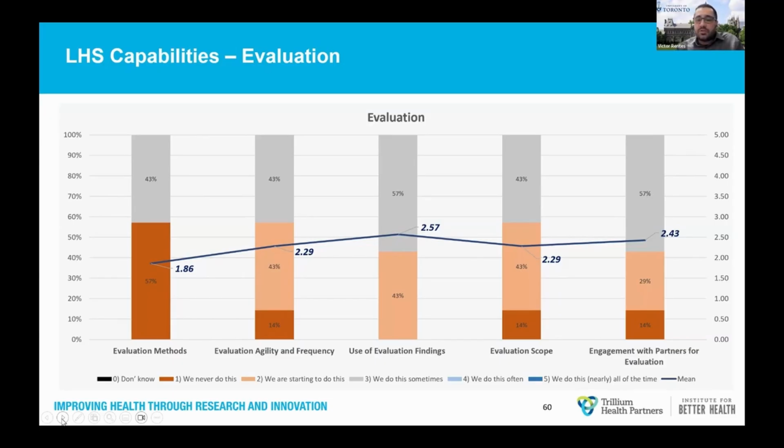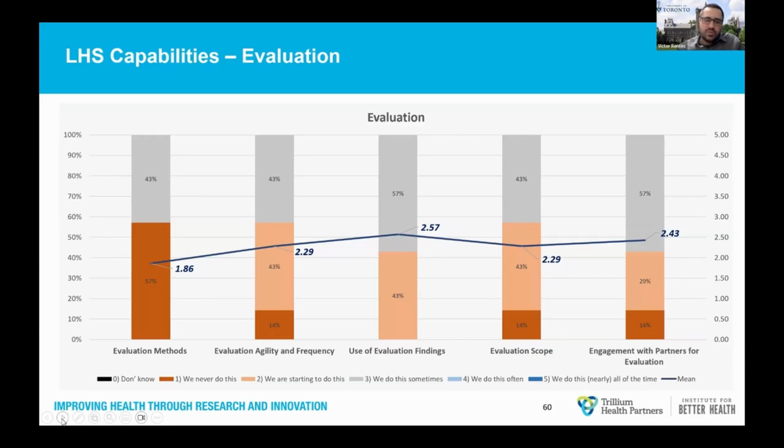Let's go to the third one. So using evaluation findings to change practice. 2.57 has scored the highest, but still 57% of people said we do this sometimes. There's opportunity for improvement across the board here in this sample size, with these participants, right?